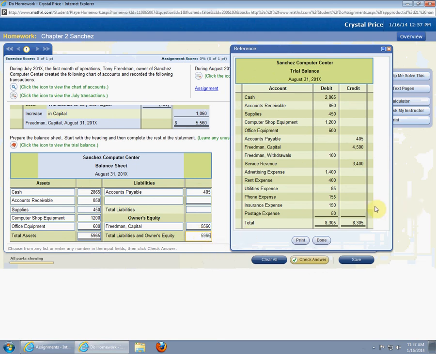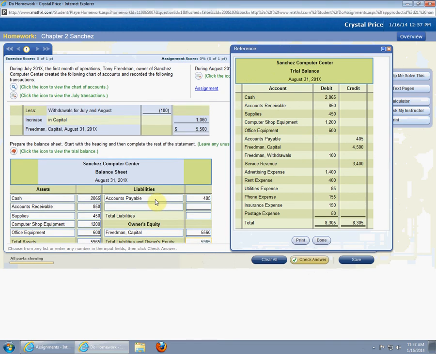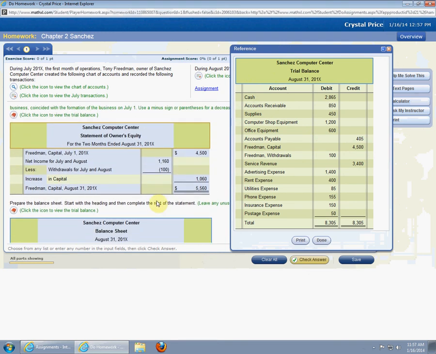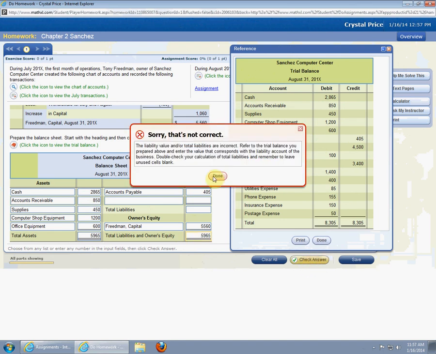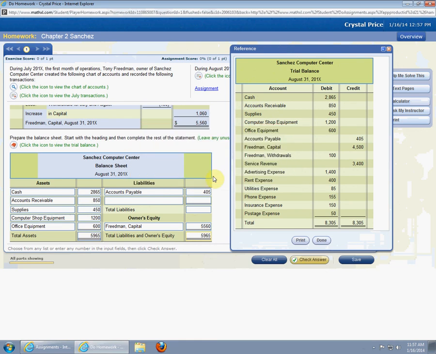So the trial balance and the balance sheet, those statements should equal whenever you get through with them. Assets equal liabilities plus owner's equity. Trial balance is checking debits and credits. You want to make sure that they're equal. Uh-oh, what have I got wrong? Oh, I forgot to total, I'm sorry. Total your liabilities.